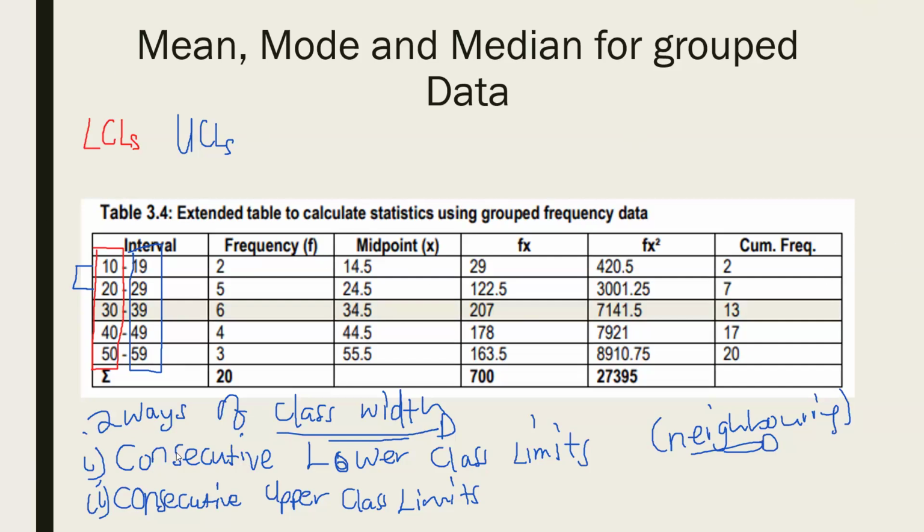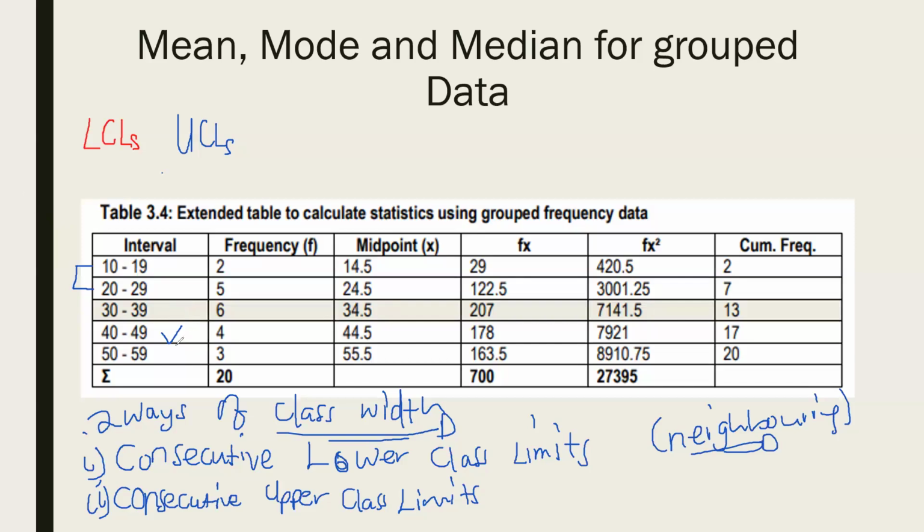So consecutive might mean neighboring, meaning the classes should be next to one another. So let me have this so that it won't confuse people. This class and this class are neighboring. This class and this class are neighboring.